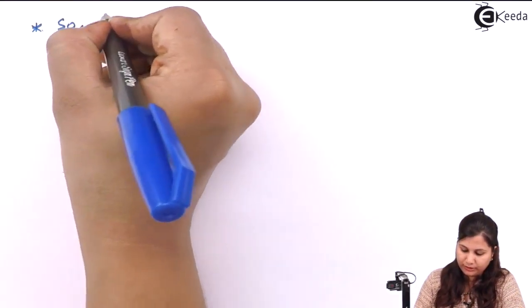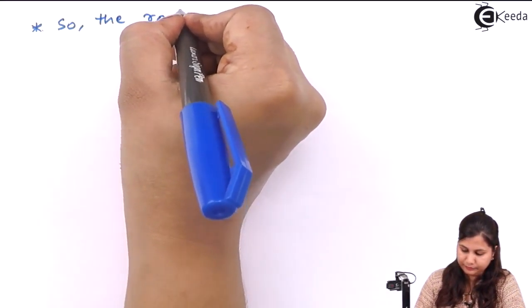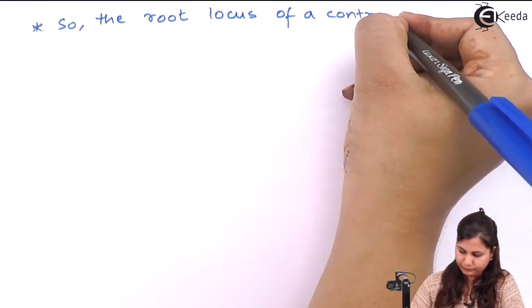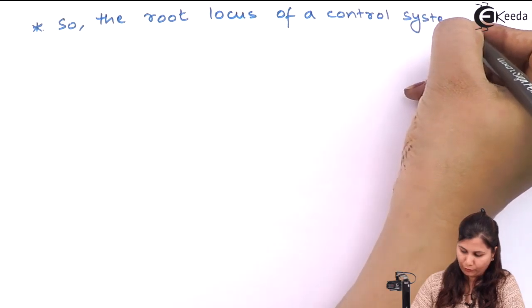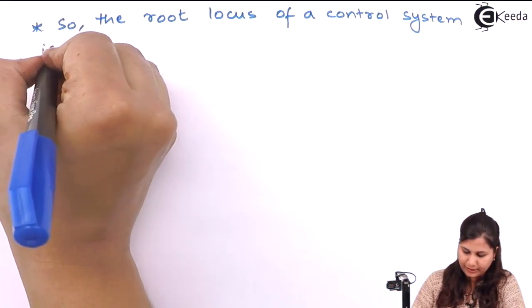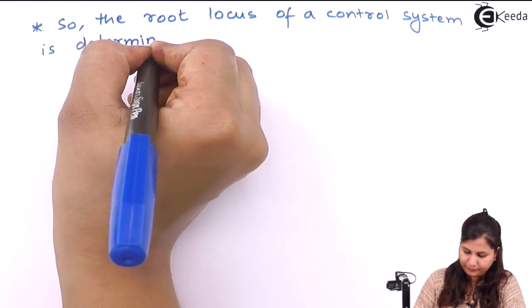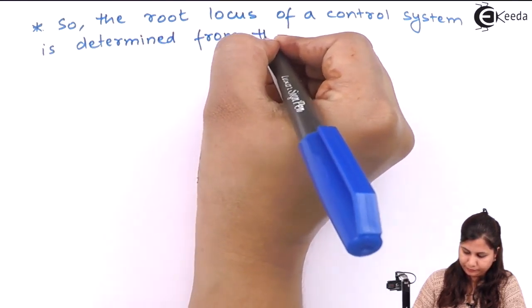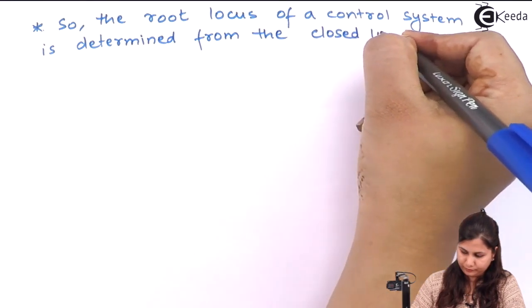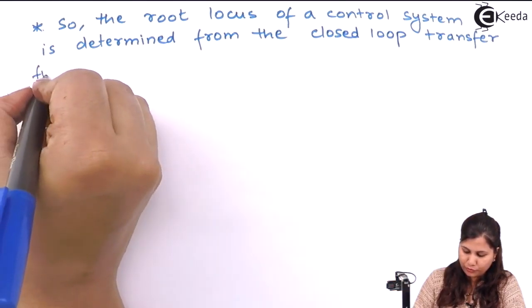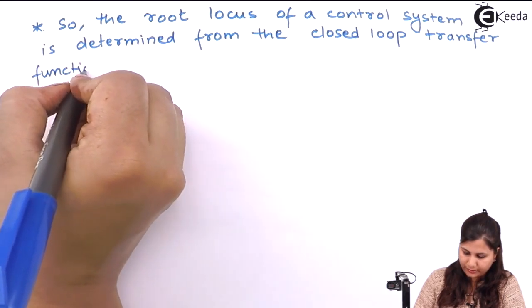So the root locus of a control system is determined from the closed loop transfer function of the system.